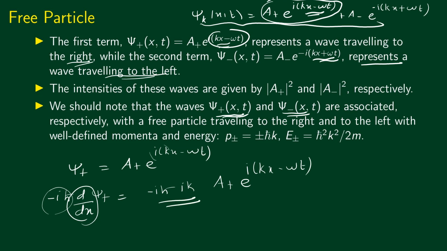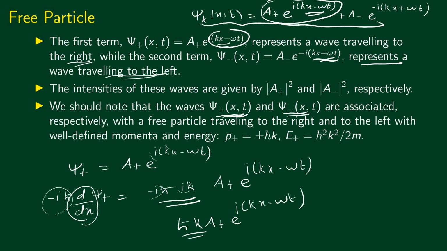If we multiply this, it becomes plus h bar k, because there's a minus i here and a plus i here. When we multiply, we get plus. So this is plus h bar k, a plus exponential i(kx minus omega t).